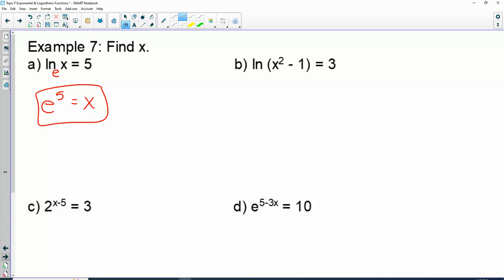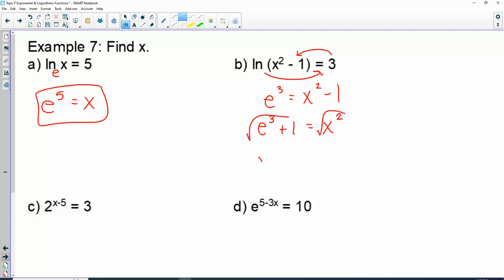B. How would I rewrite this one? 3 to the third equals x squared minus 1. What would we do to get x by itself? Add one. And then we square root.